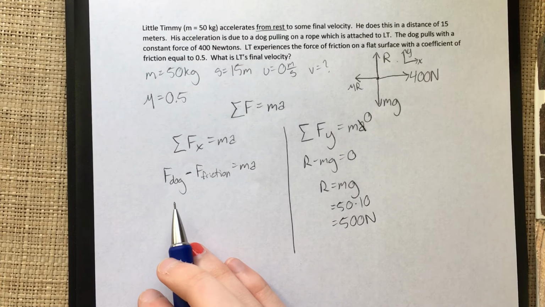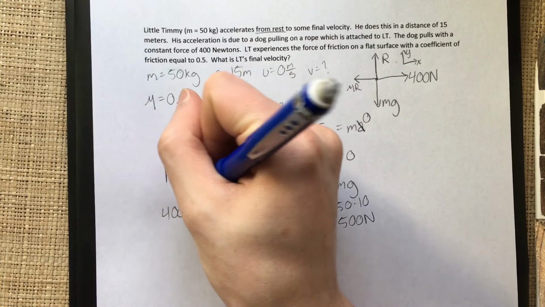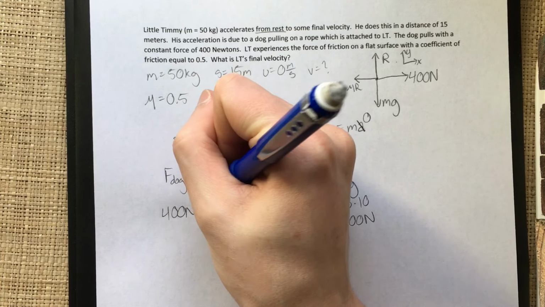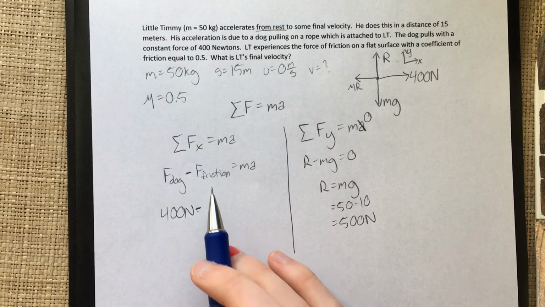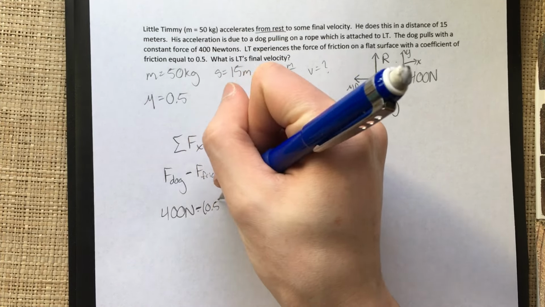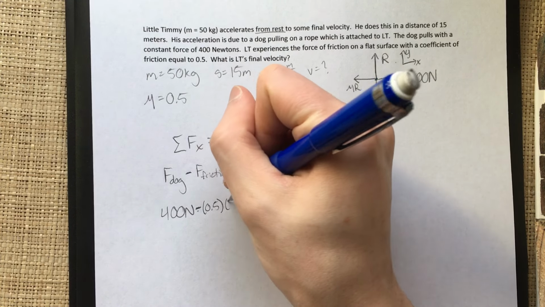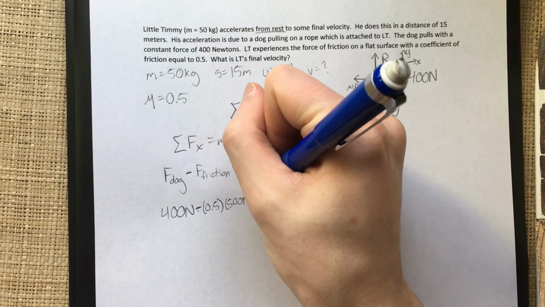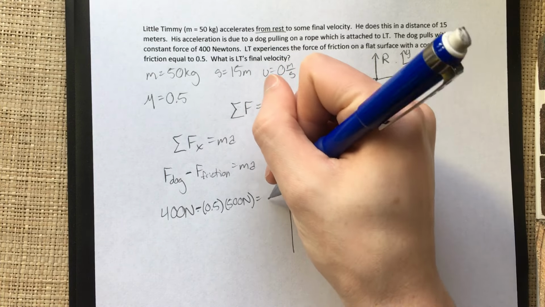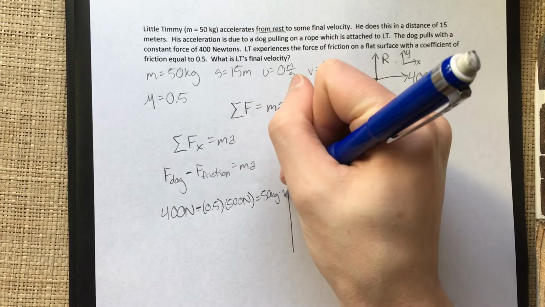We know the force of the dog to be 400 newtons, which the problem gave us, and we know the formula for the force of friction, which is mu, otherwise known as 0.5, times r, which we found to be 500 newtons. And this all equals his mass, 50 kilograms, times a.